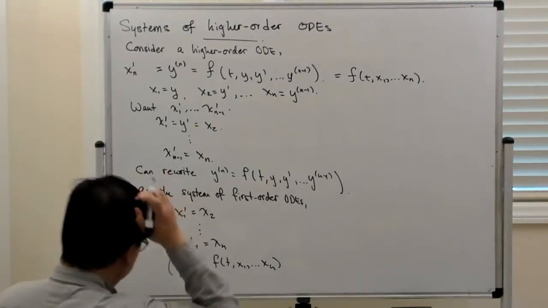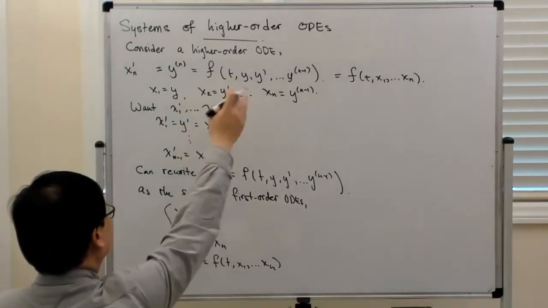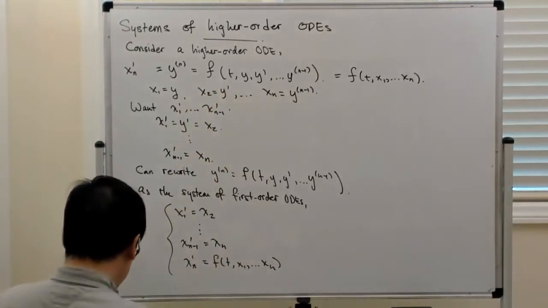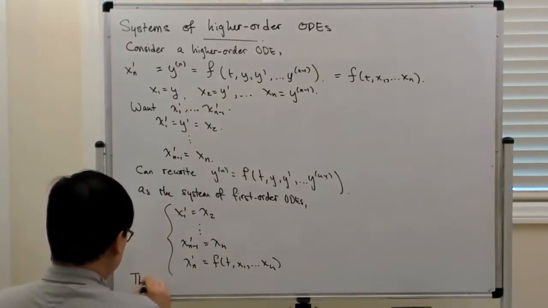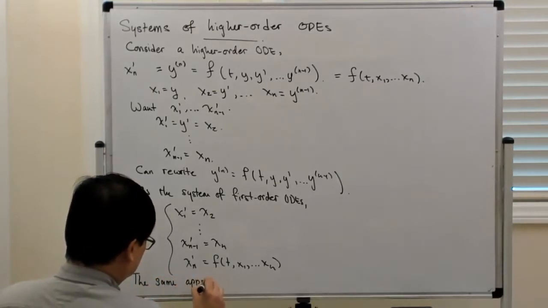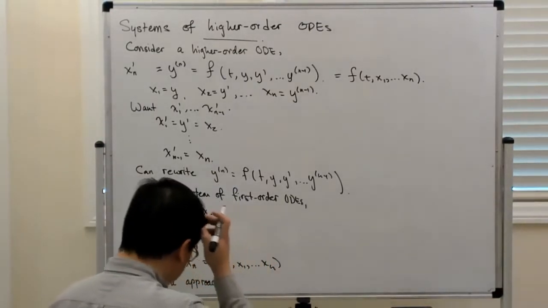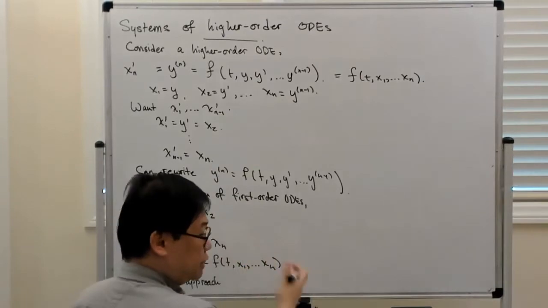And that's just for a single higher order ODE. The same approach can be applied if you had systems of higher order ODEs, and you just have to do this one by one.